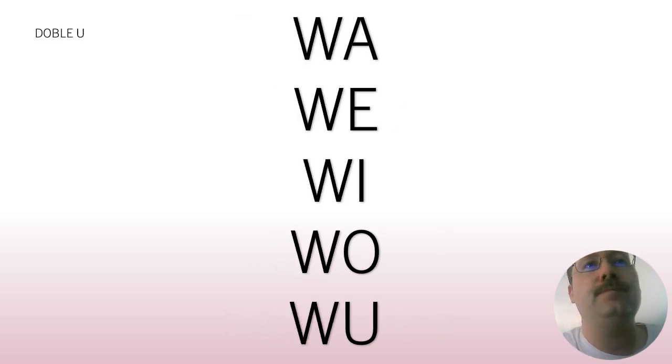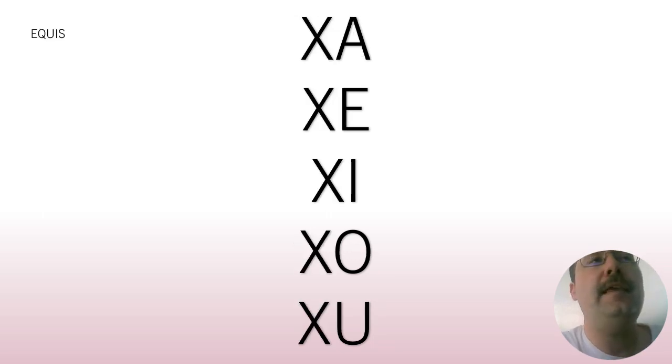W. Wa, we, wo, wu. Don't have to do this much because there are like three words in Spanish that have a W. There are probably more, but you hardly will ever in your whole life find a word with a W. It's just not a Spanish letter, although there are a couple words that do have it.